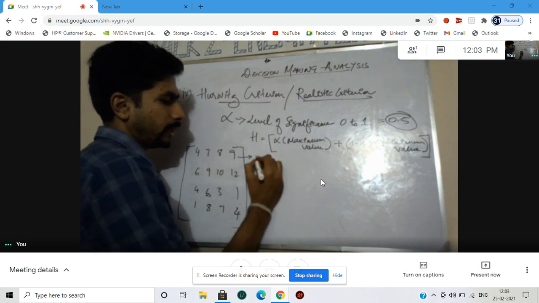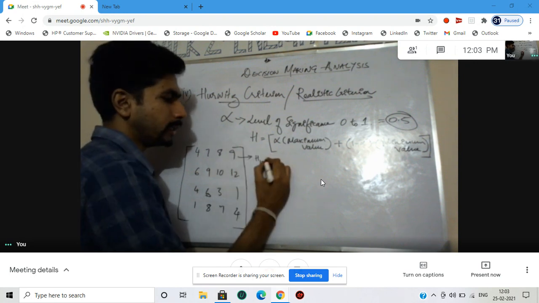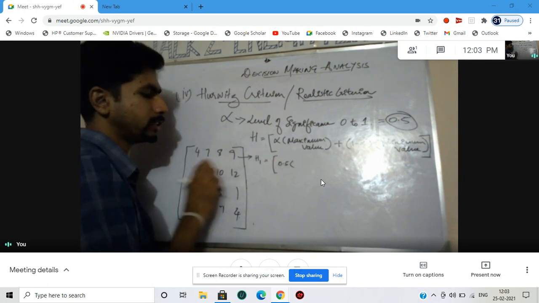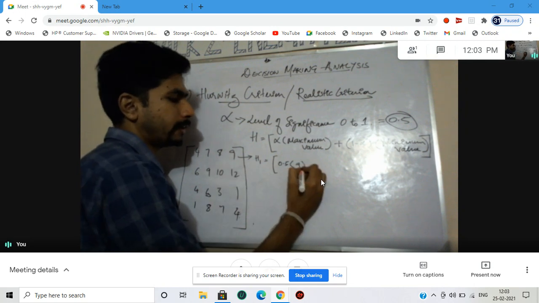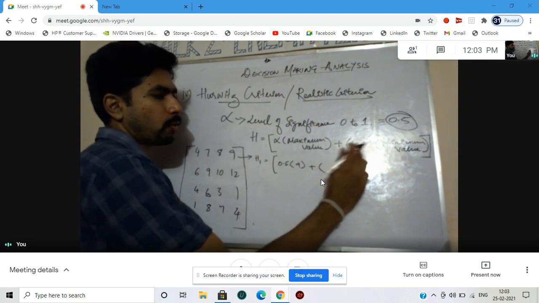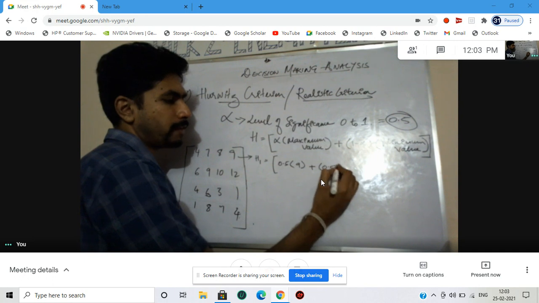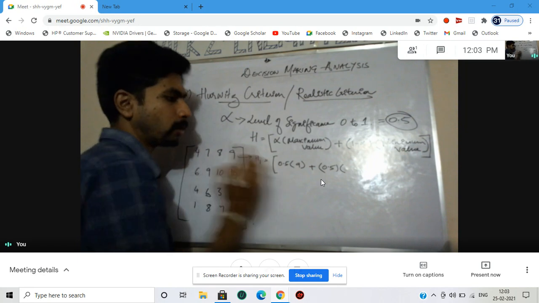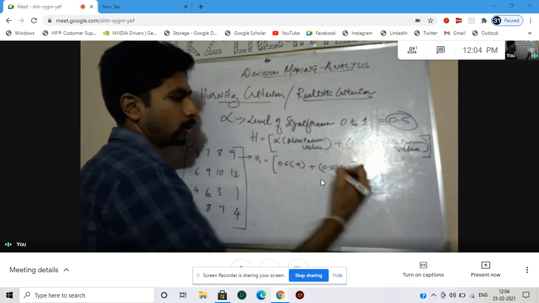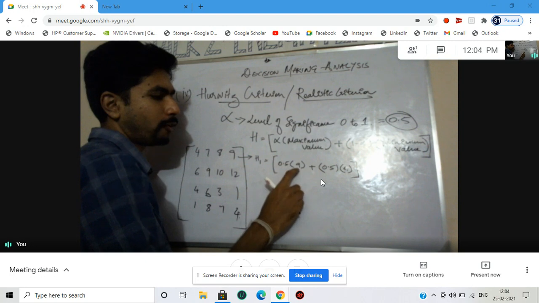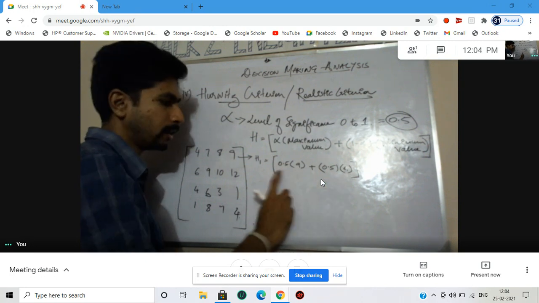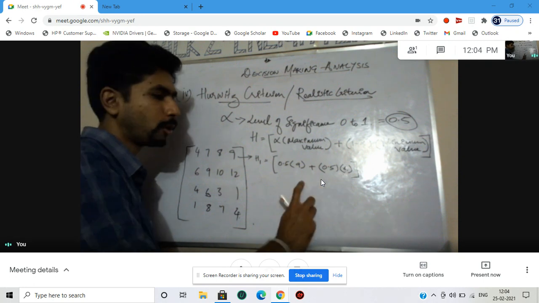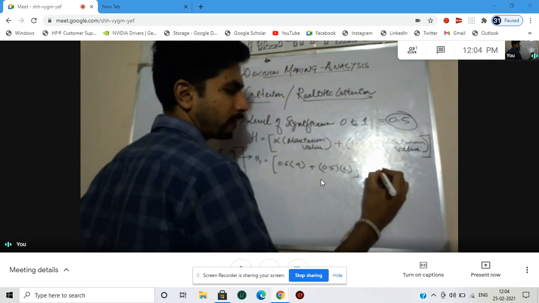So H1, for the first row, is equal to alpha 0.5 into maximum value, which is 9, plus, open the brackets, 1 minus alpha, that is 0.5, into the minimum value, which is 4. Close the brackets. So that will be half of 9 and half of 4. Half of 9 is 4 and a half. Half of 4 is 2. So 4 and a half plus 2 is 6 and a half, 6.5.